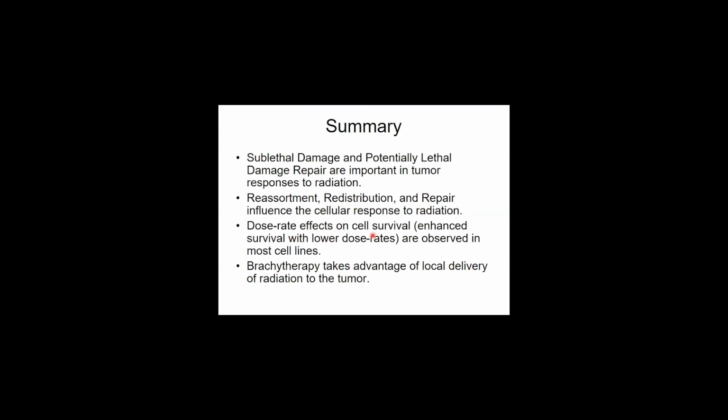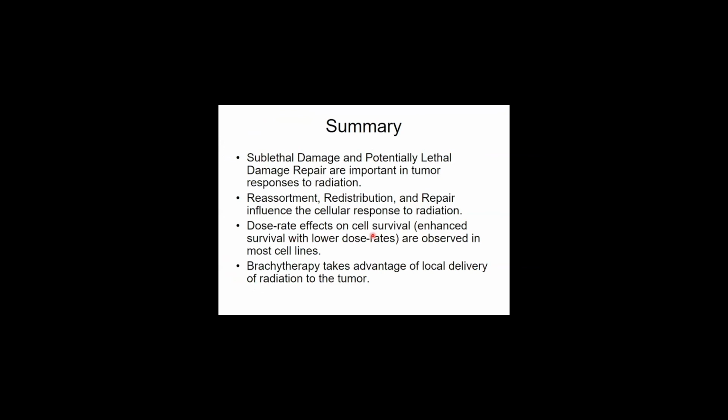And so here's the summary. There's sublethal damage repair that we have talked about, or sublethal damage recovery, that is important in the tumor response to radiation. Potentially lethal damage repair or recovery is also there, but it's not as important for us clinically. We learned about 3 of the 4 R's here.